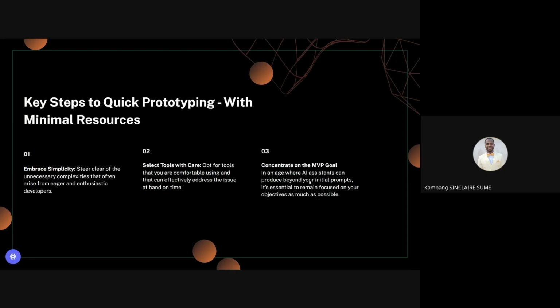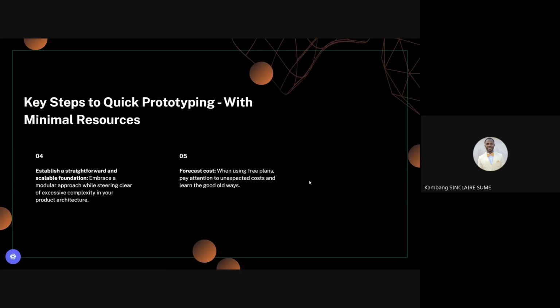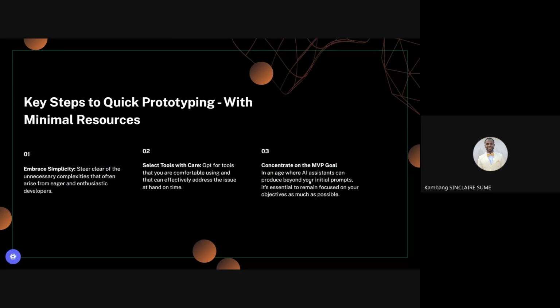So that you don't take long to develop your MVP, have a clear and concise plan. Stick to the goal. When you are using AI tools, I think I also mentioned this when I was talking about concentrating on the MVP goal, some machines spit out stuff that you don't need. For example, you can tell an AI bot, please optimize my search logic.